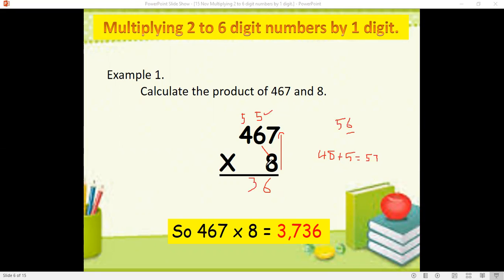Then the last one we are going to multiply is 8 times 4, which is 32, plus 5 is 37. So the answer or the product of 467 times 8 is 3,736. Let's go to the next example.